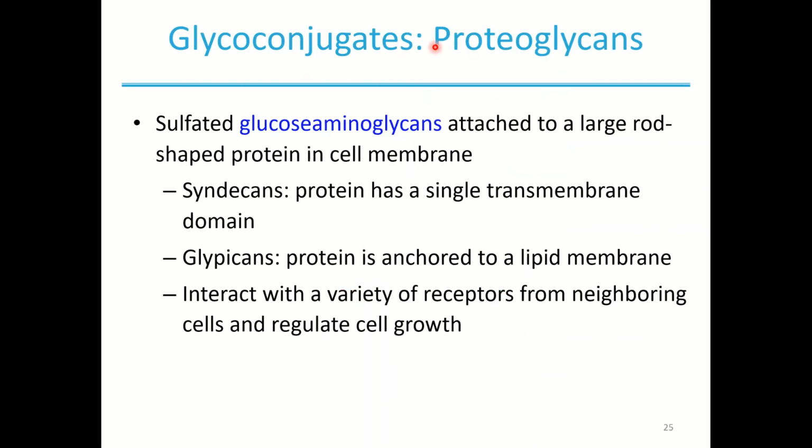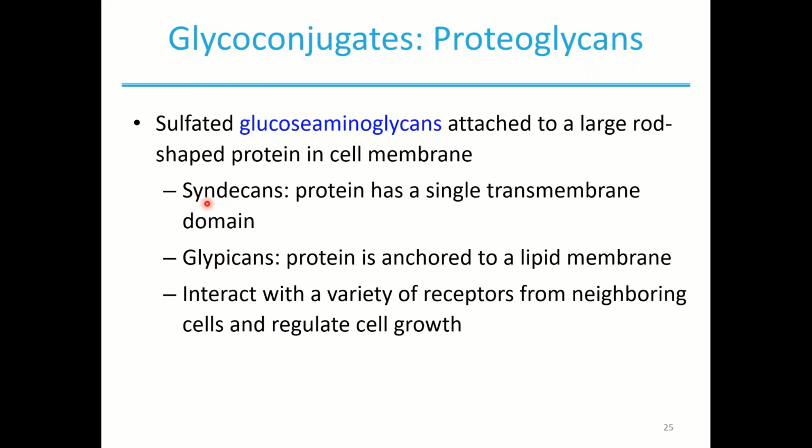Now the term proteoglycans. We'll see a couple of examples of these. They're sulfated glycosaminoglycans, which we've talked about before, that are attached to large rod-shaped proteins in cell membranes. So we have these glycosaminoglycans attaching themselves to a protein in a cell membrane. There are a couple of different types.